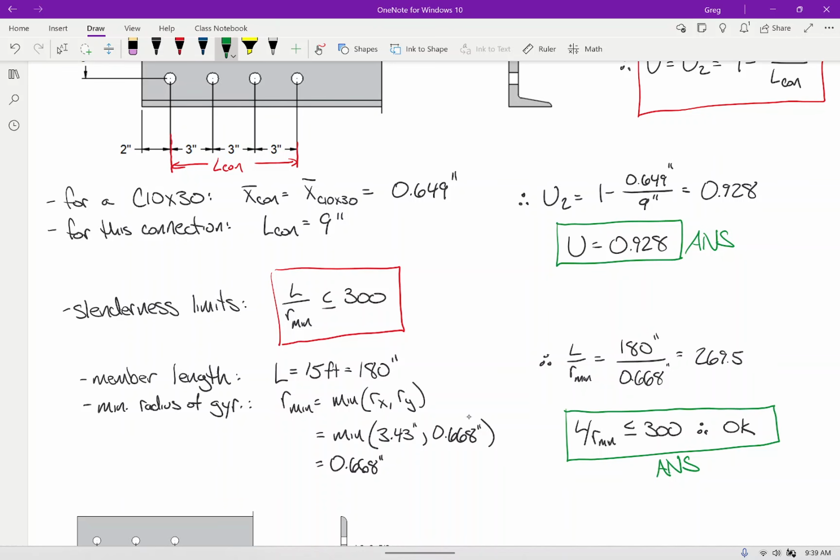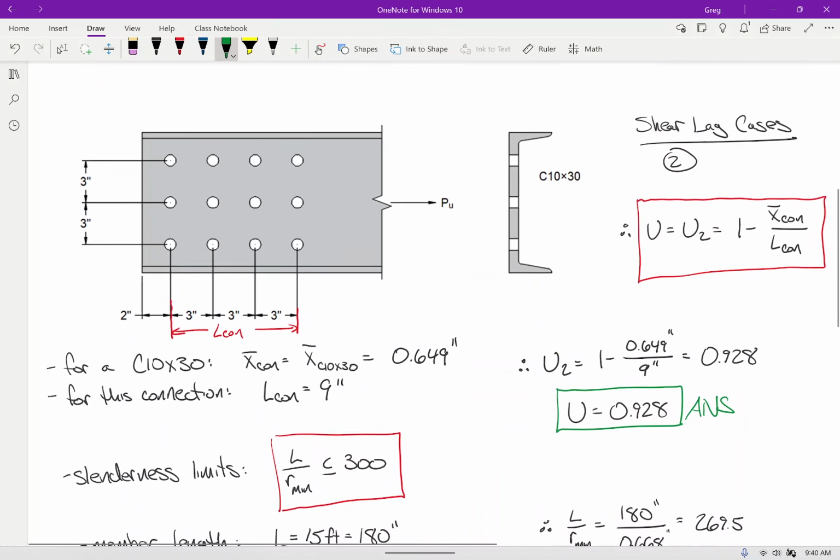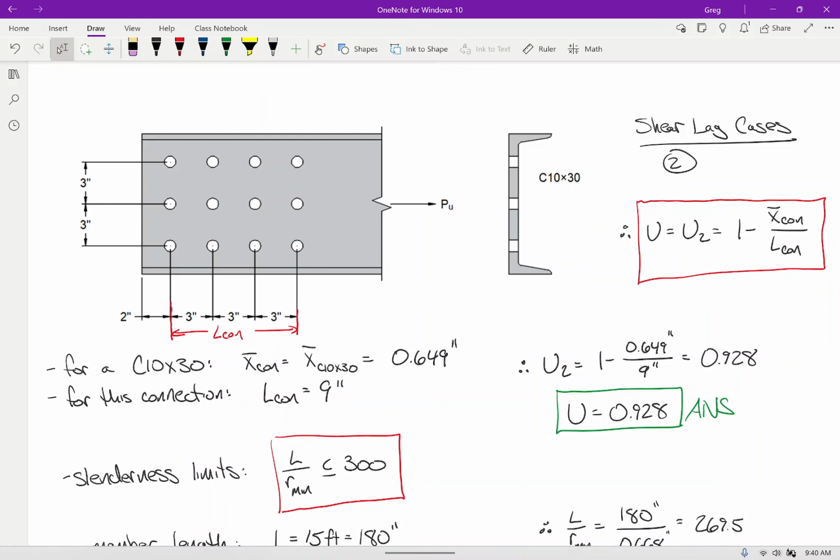Does anybody have any questions on this? Yes. How did we come up with case 2? Okay. So the difference between case 1 and case 2. When you look at the anatomy of that table, it's either going to be case 1 or case 2, and then the rest of the cases may or may not apply.